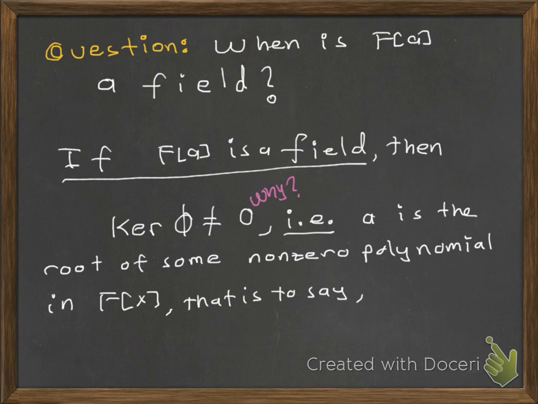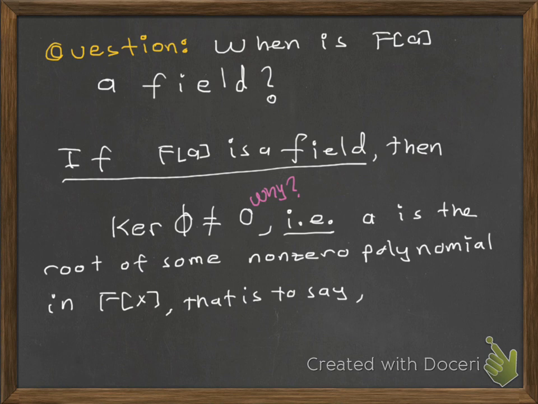What that means for the evaluation map is that it has non-zero kernel, because if it had zero kernel, then F[A] would be ring isomorphic to this polynomial ring over F in one indeterminate, which is not a field but just a PID, principal ideal domain. So if it's a field, then the kernel must be non-zero.